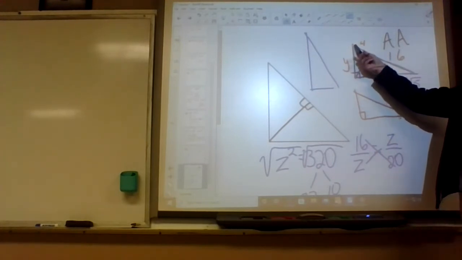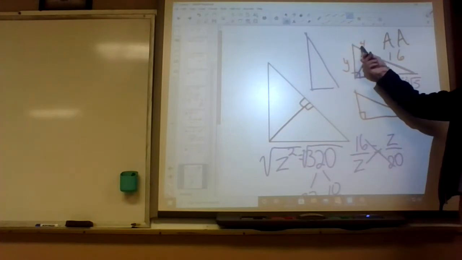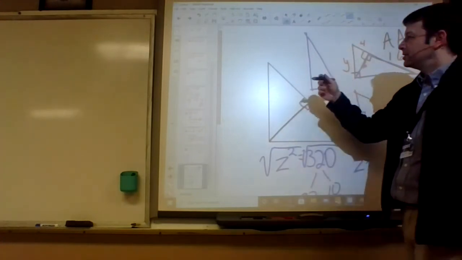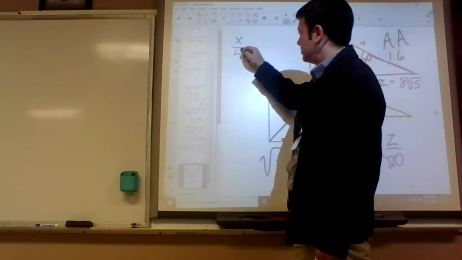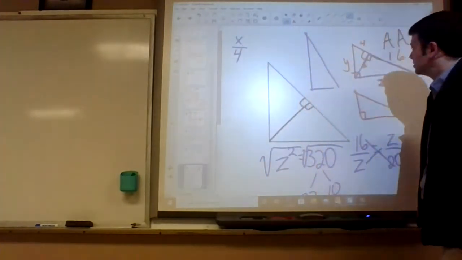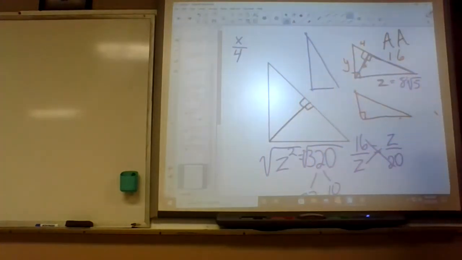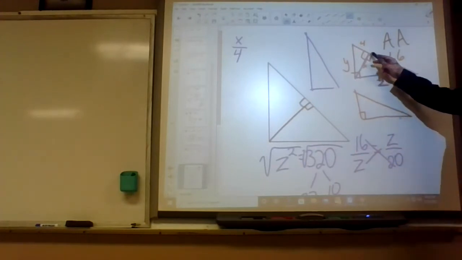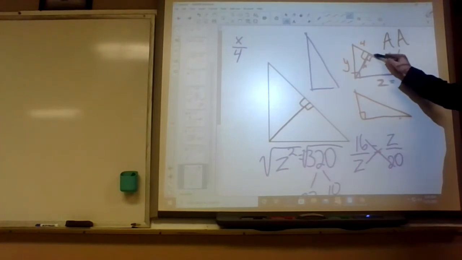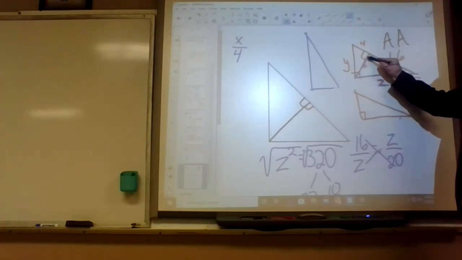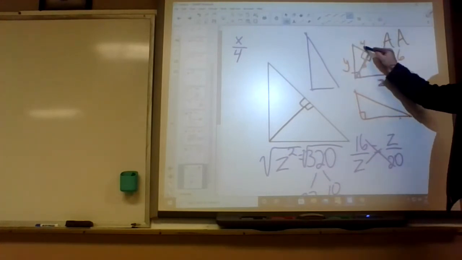And on this triangle out here, 4 is the short leg. So on the medium triangle and the tiny triangle, X and 4 go together. And then 16 would be the long leg on the medium triangle, and X would be the long leg on the smallest triangle, this one.